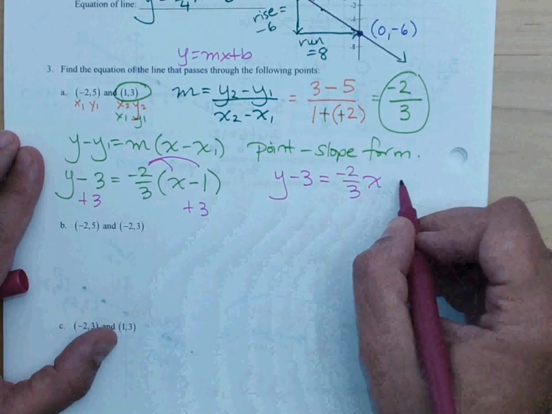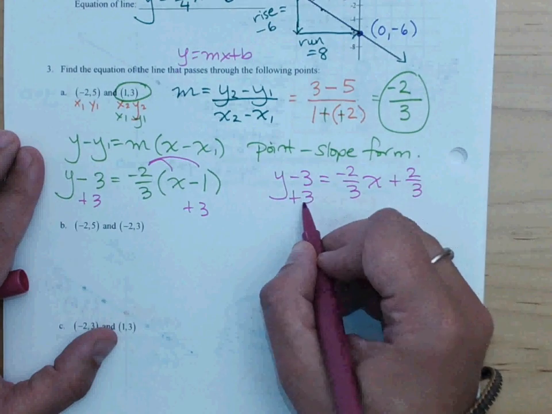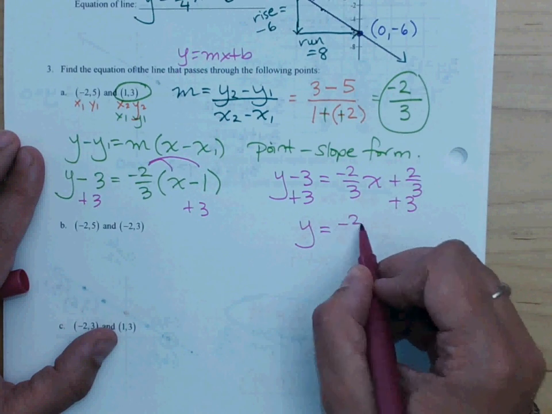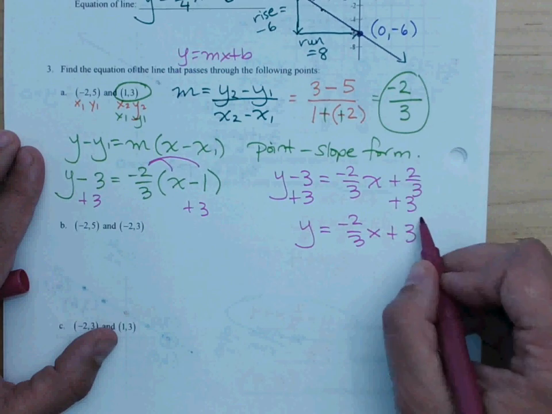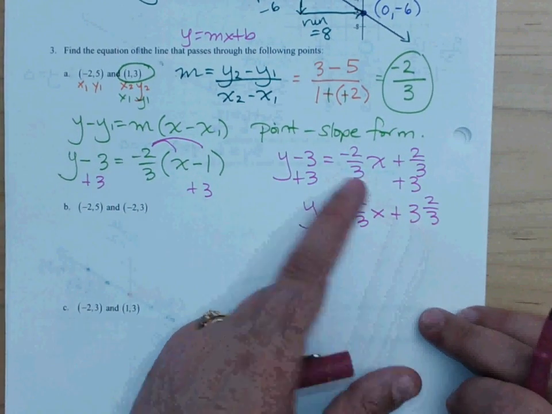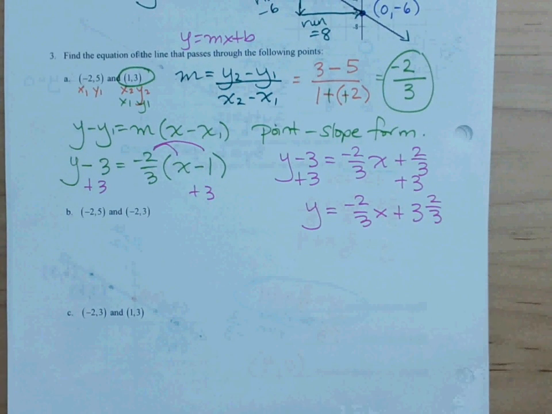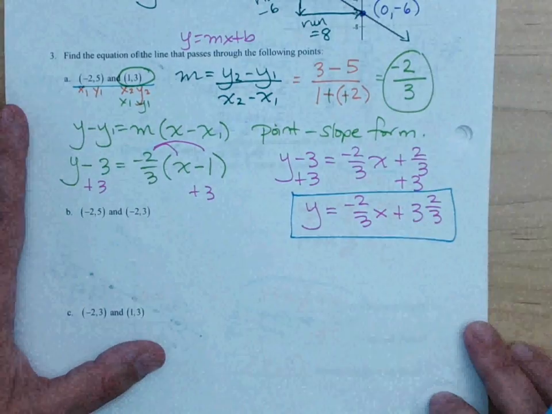Negative times a negative is a positive 2/3. Now I'm going to be adding 3 to both sides. Y equals negative 2/3 x plus 3 2/3. 3 2/3, of course, I could always make that into an improper fraction as well. I'll save that for another conversation. So that's the equation of that line that passes through these 2 points.